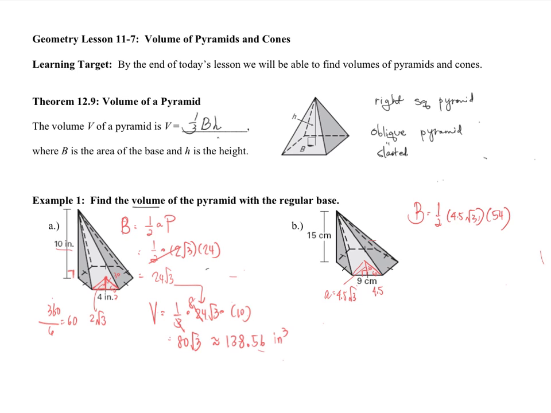And then we can go ahead and find the volume. Remember, volume is 1/3 times base area times height. So base is half times 4.5 square root of 3 times 54, and then times the height of 15. And you simplify this.